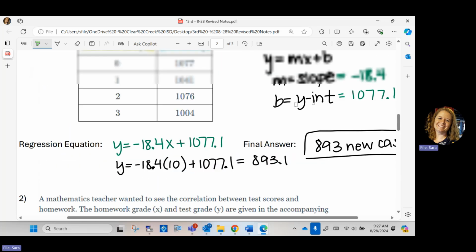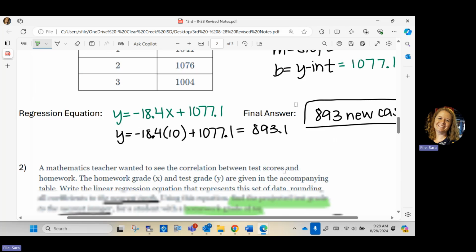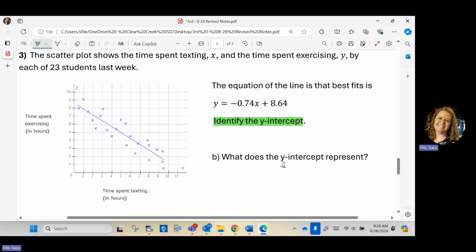Remember up here we said the format is y equals mx plus b, and the y-intercept is the b. So what is the b value? The 8.64, and it's positive. So positive 8.64 is my y-intercept. So I have to be able to identify that. And then they ask, what does this intercept represent?